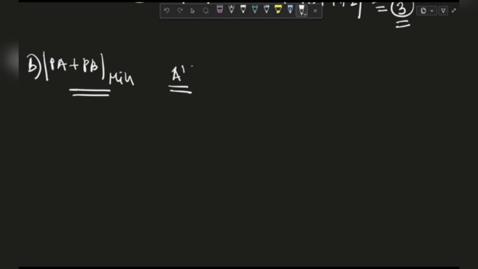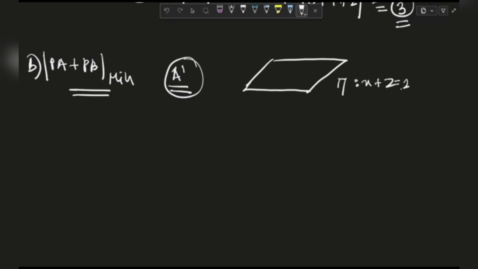So what I will do is I'm leaving the reflection part to you guys, okay? Because I will show you the process anyways. There's not much calculation, so I intended to leave it. I will draw a rough diagram so that you can understand. This is your plane pi, which is x plus z equals 2.